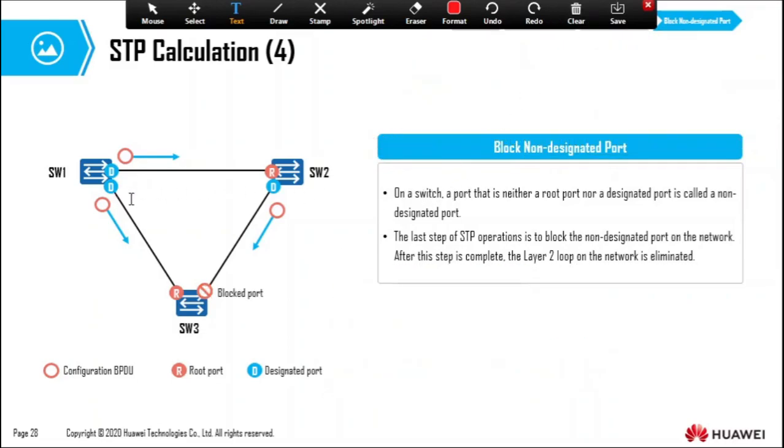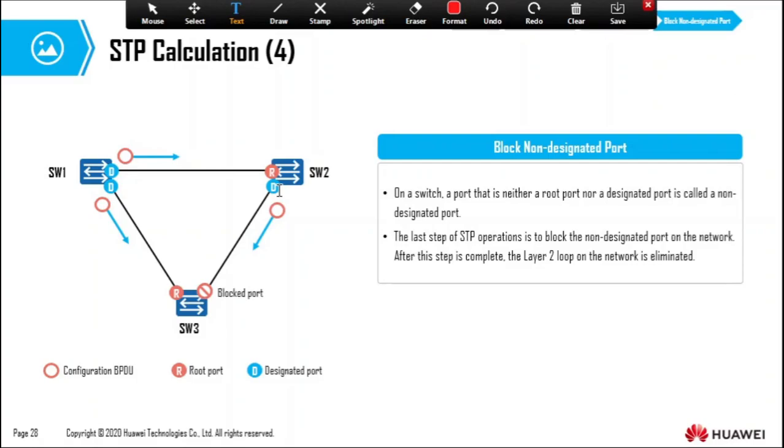From the explanation we've given so far of the three port roles, we've said that on the root all interfaces are designated, right? On the downstream switches, how many root ports can we have on an individual switch? One, right?